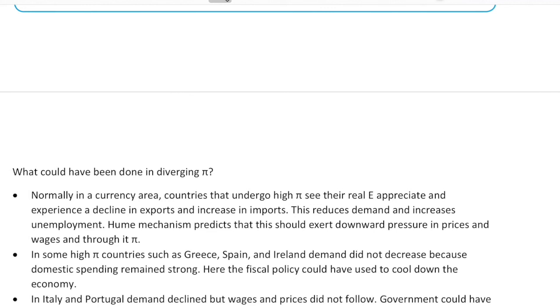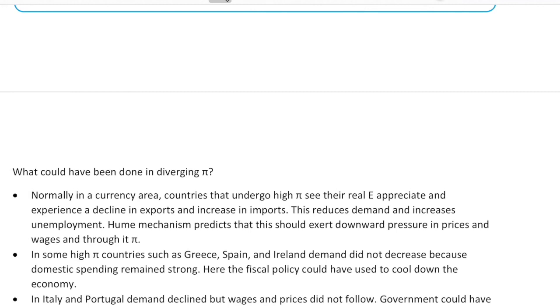Maybe, for example, the government started paying their employees more money. Maybe they increased social security benefits. Whatever the case may be, in these countries, demand did not go down. In Italy and Portugal, demand did go down, but wages and prices did not follow, partially because wages and prices, as we have learned before, are a little bit sticky.